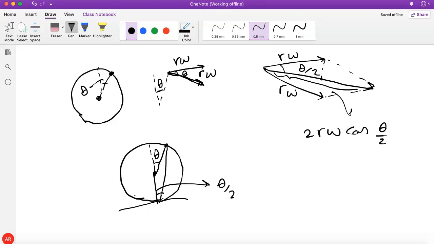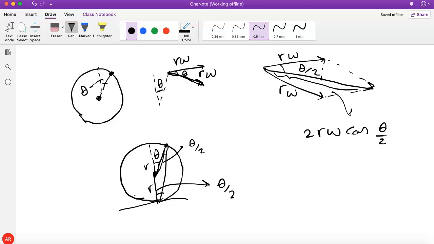The reason for it is that this is the same as that. These two angles are the same. That's R, that's R. So here I have theta over 2. And then here I have 180 degrees minus theta. The angles of a triangle add up to 180, so these two things must each be theta over 2.